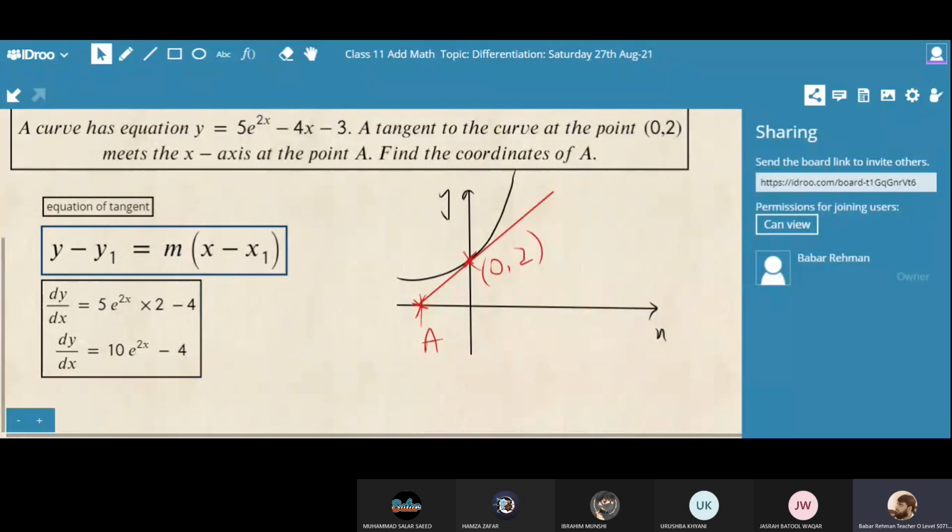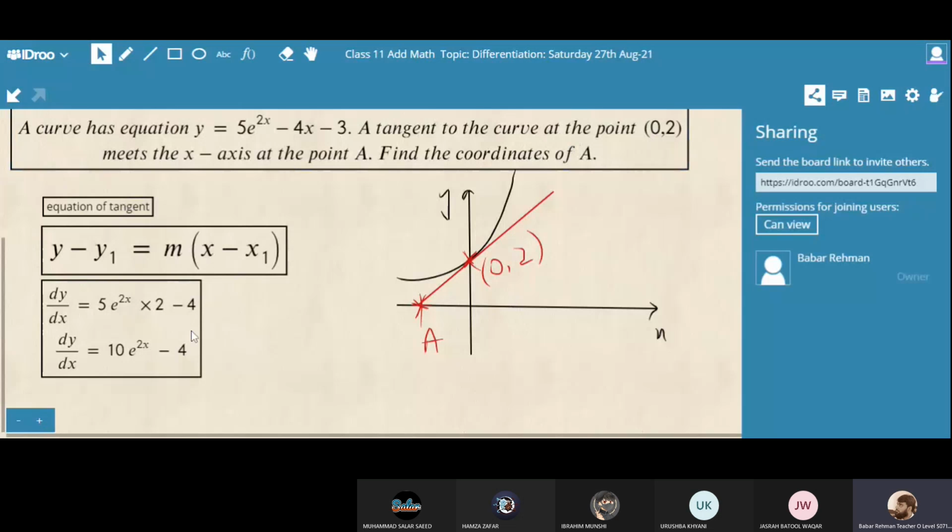How can I find the proper derivative? This is in terms of e, but for this tangent we have to find the derivative at this point (0, 2). A tangent to the curve at the point (0, 2).